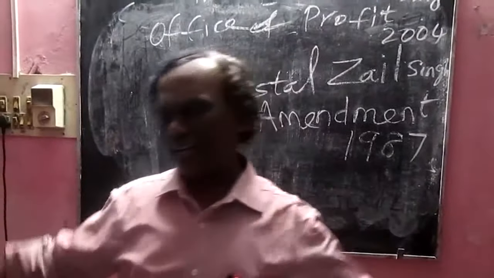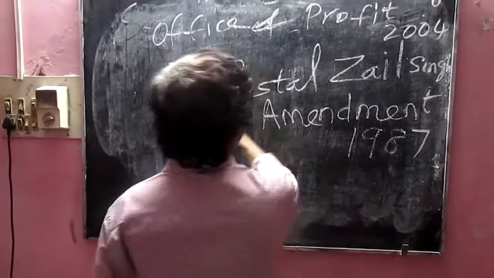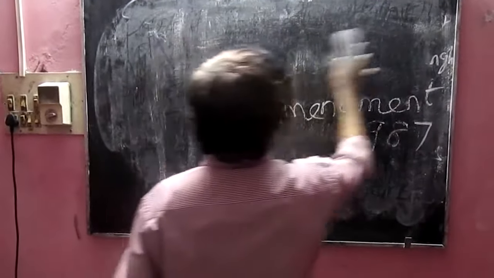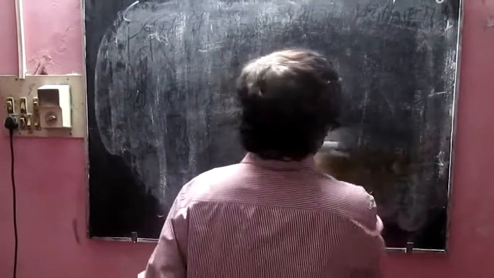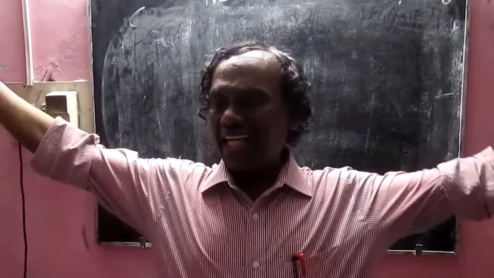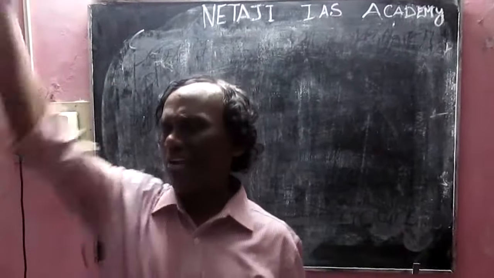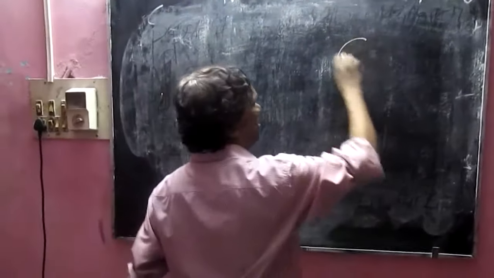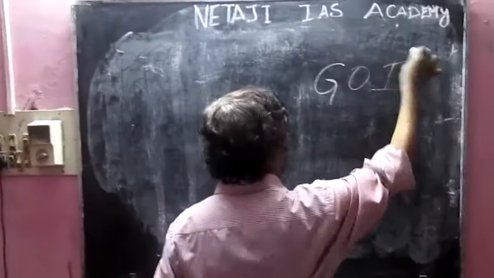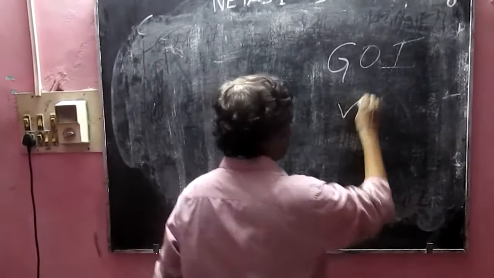Now go to next paragraph. Executive powers of the President. Number 1. All the executive powers of the Government of India, simply write GOI, are vested in the President.